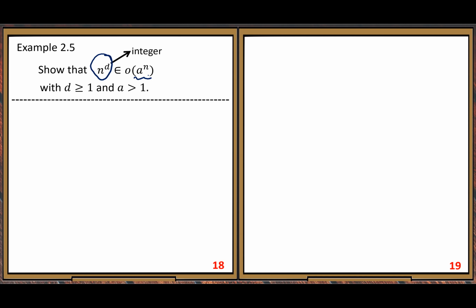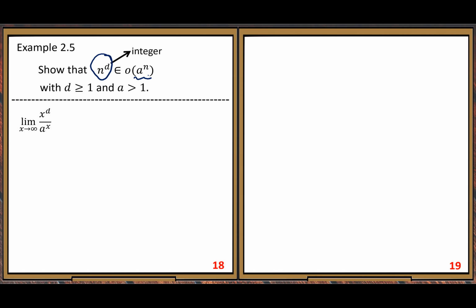How to apply L'Hopital's rule? For little o, we need to calculate the limit of the ratio of two functions. But when we apply L'Hopital's rule, remember, we need to change the discrete variable to a continuous variable first.